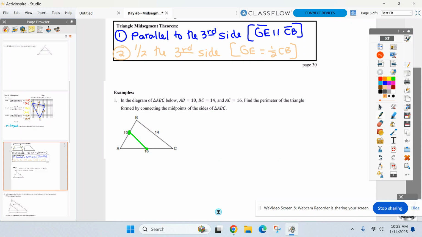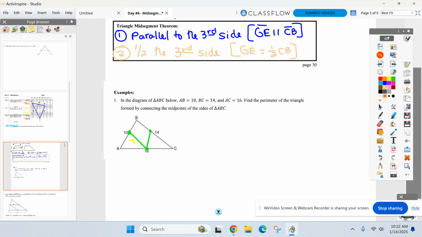Do we know how long that length is? Using our facts, it should have a length of half the third side. The third side is 14, half of that is 7. So that's 7. Now connect the midpoint of AC to the midpoint of BC.